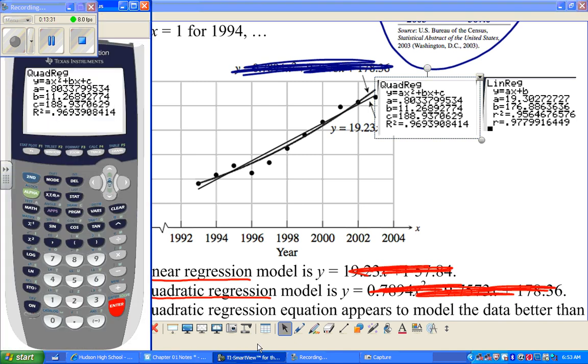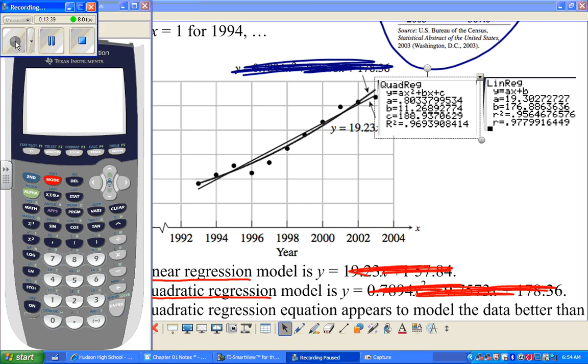I should point out, if for some reason you're not getting those R values, not a big deal. All you'd need to do to turn those on is go to your catalog, so second, 0, that's catalog. And then right away up here you can see that it's got an alpha character. That means you can press a button and it'll go down to that letter at the beginning of that letter in the catalog. What you want to do is turn diagnostic on.